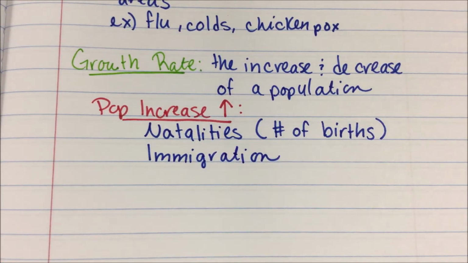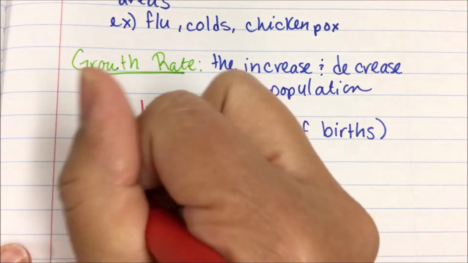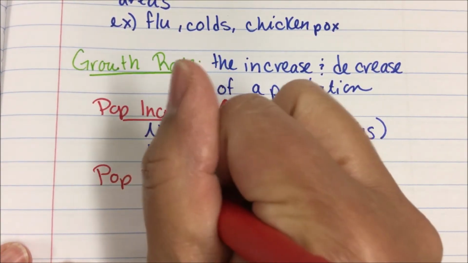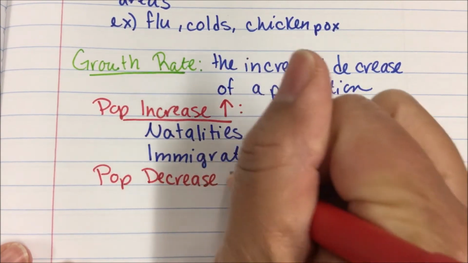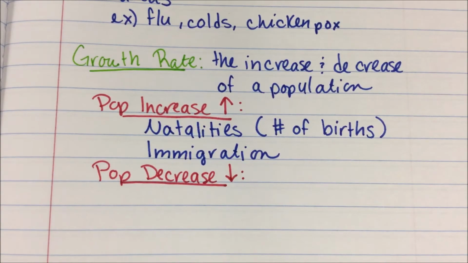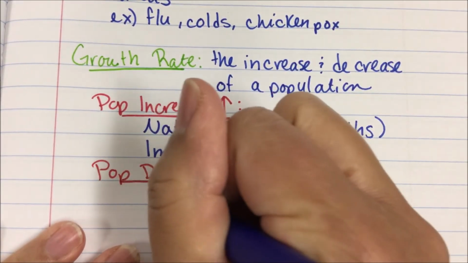On the opposite of that, we also have population decrease. The opposite of natalities is fatalities or mortalities.